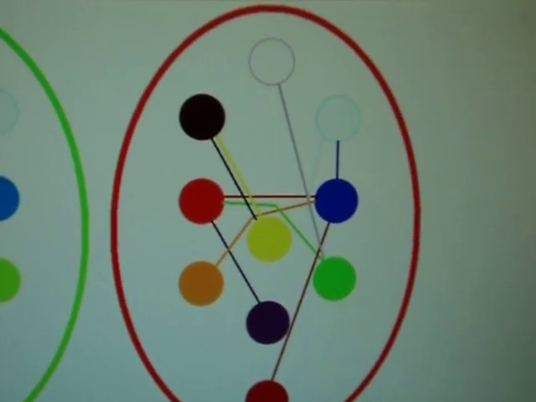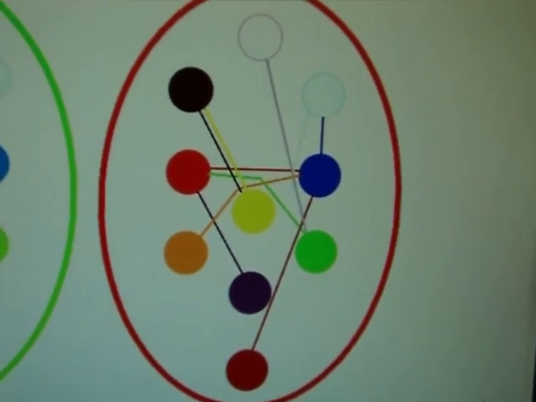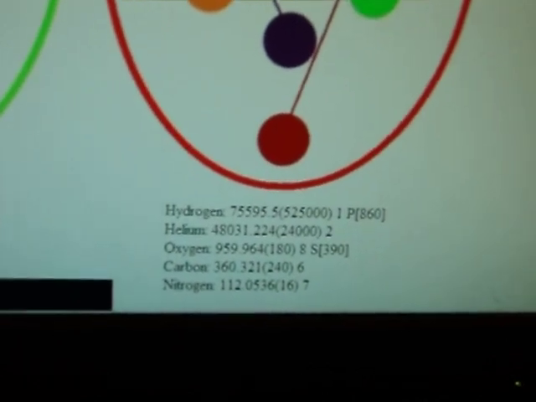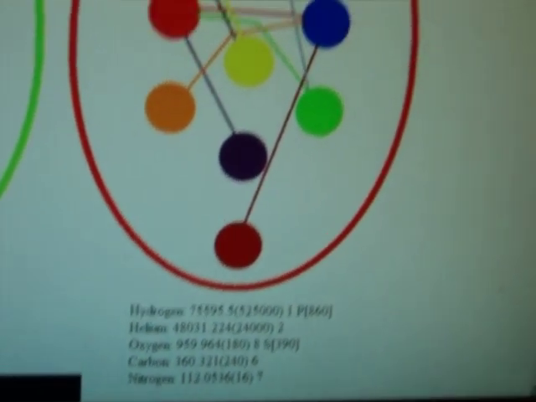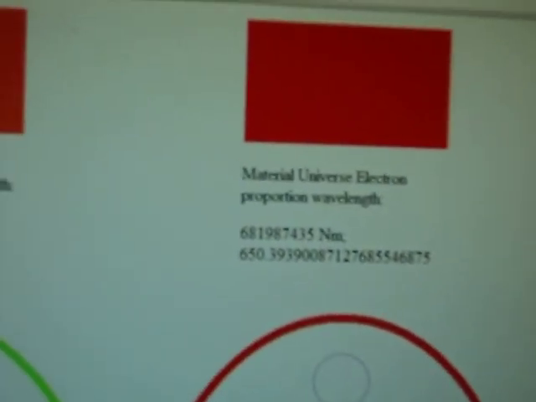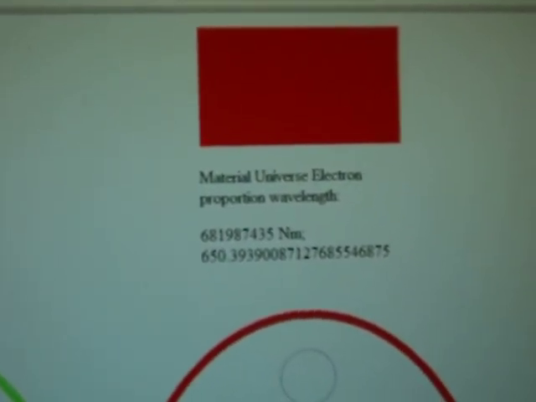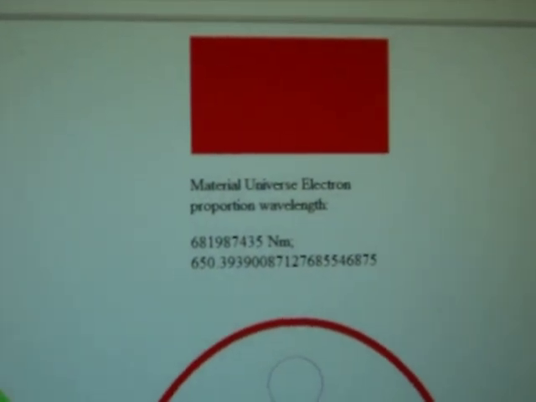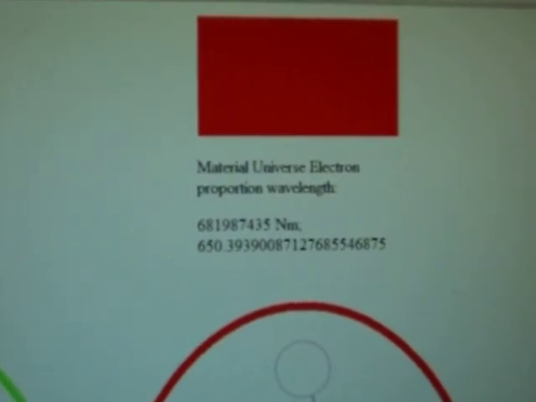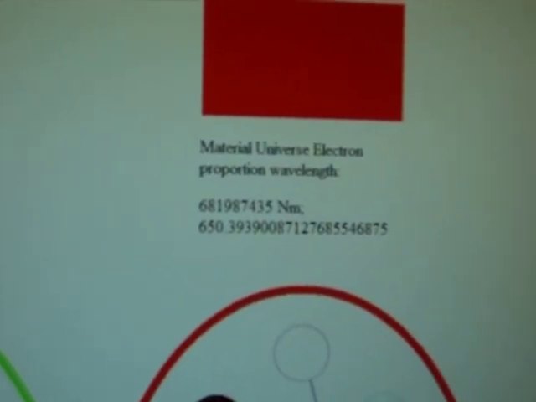And then I decided to do another reading where I included helium this time, and the color of the overall electron proportion turned out to be red.